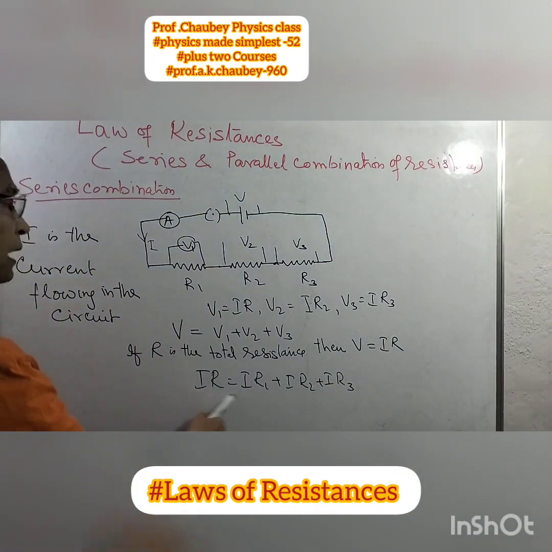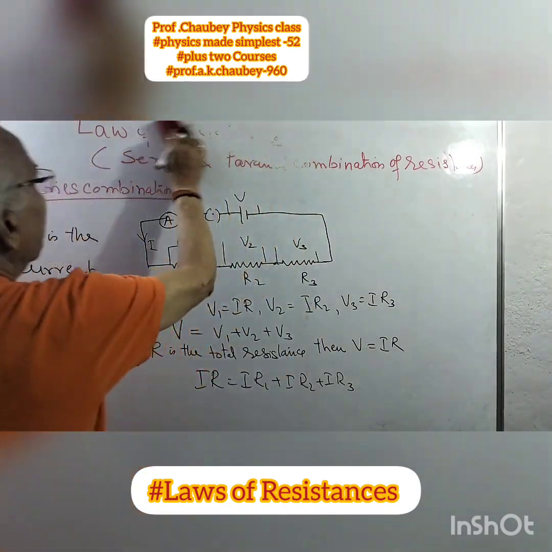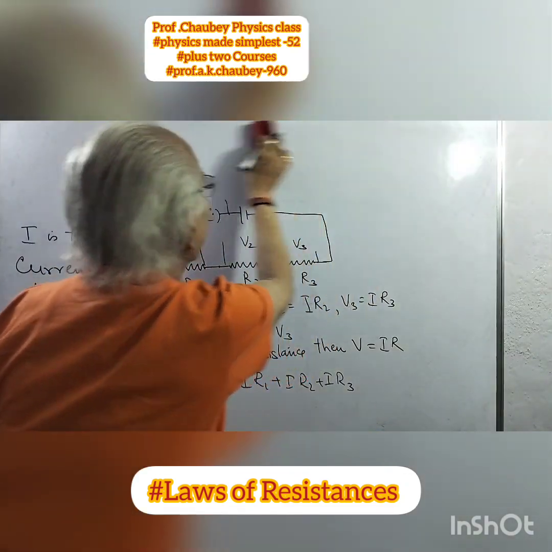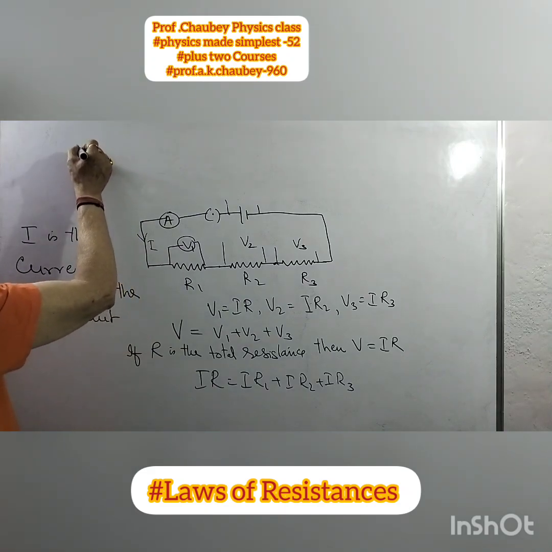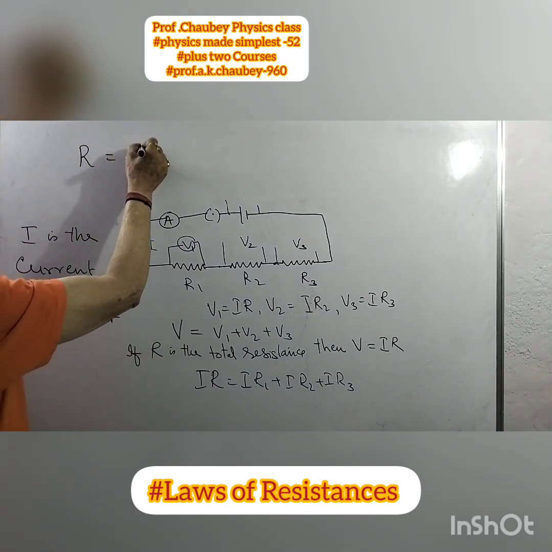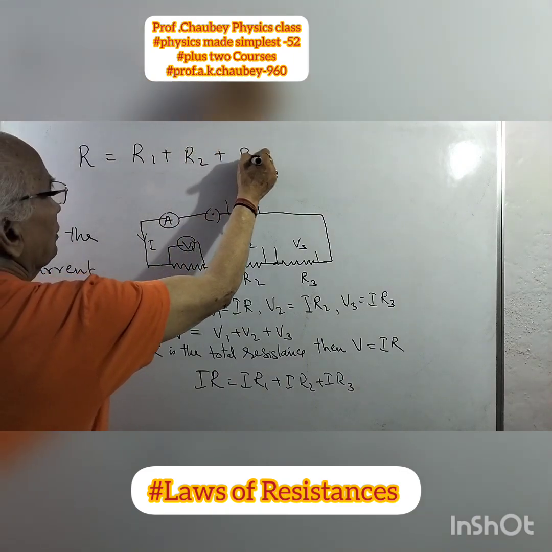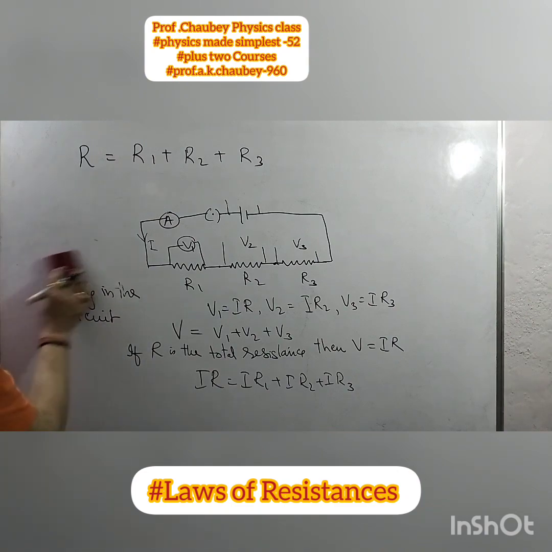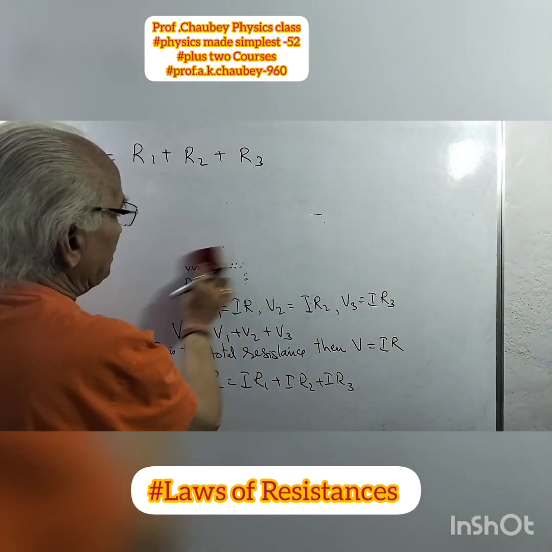You cancel this I, which is common throughout, and then from this simple Ohm's law, for the combination of resistances, we can get that R is equal to R1 plus R2 plus R3.